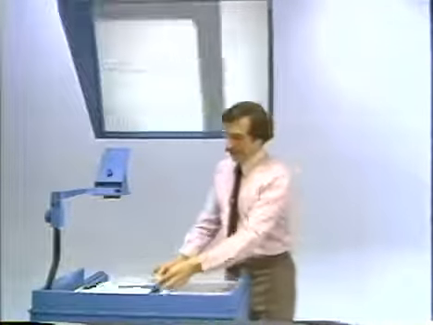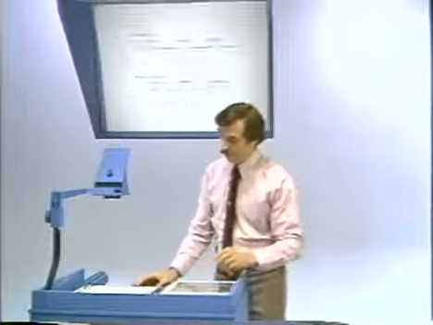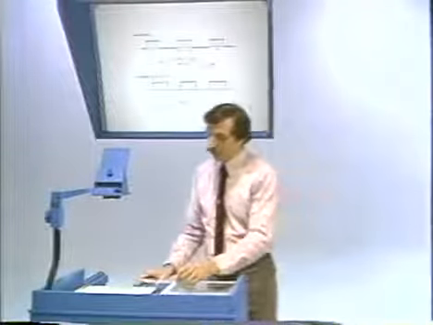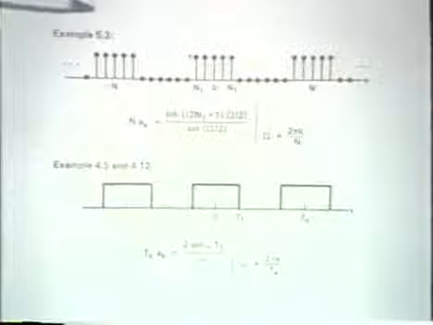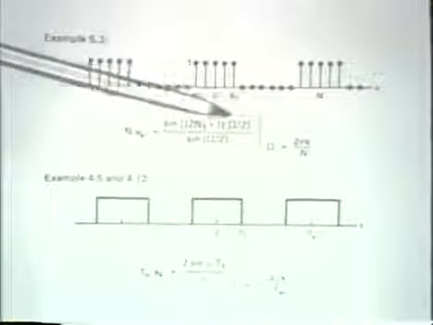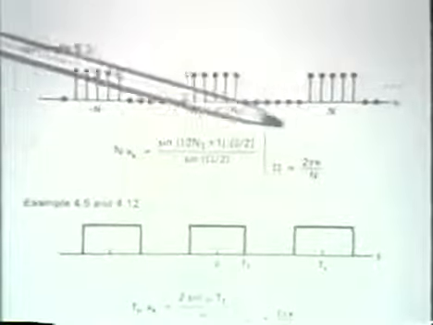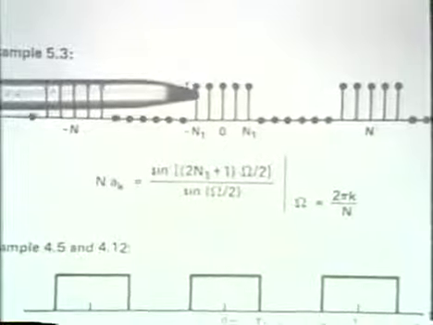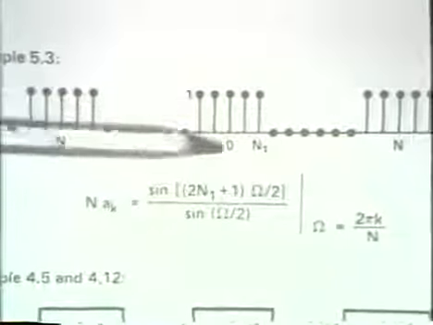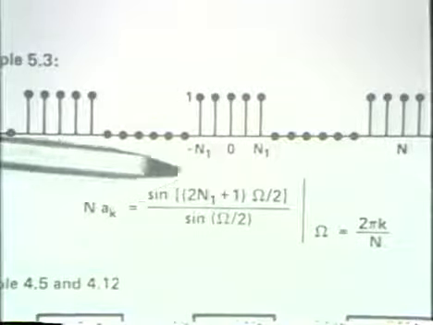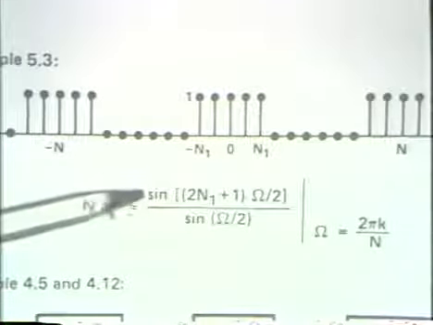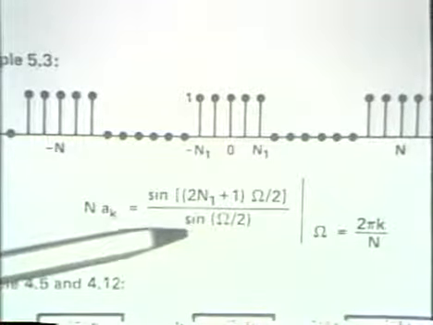Okay, let's look at another example. This is another example from the text, and one that we'll be making frequent reference to in this particular lecture. It is a square wave, and I've expressed the Fourier series coefficients, which are algebraically developed in the text, as samples of an envelope function, which is referred to as a sine Nx over sine x function.